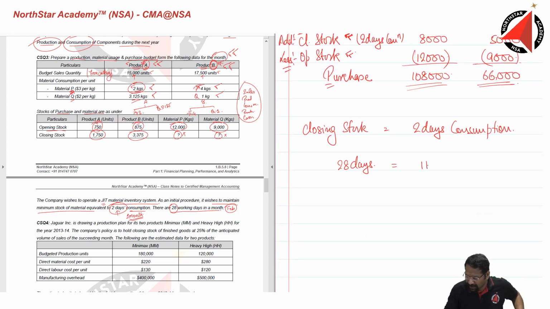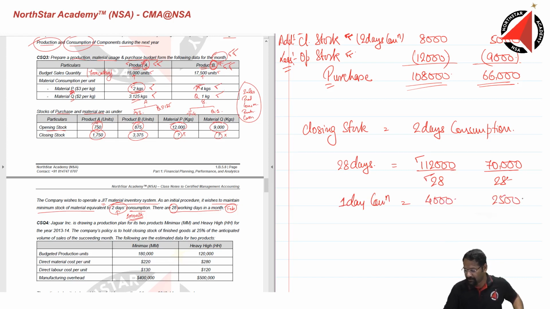So 112,000 and 70,000 I am going to consume in 28 days. Divided by 28, I will get 1 day consumption. So 112,000 divided by 28 gives 4,000, and 70,000 divided by 28 gives 2,500.